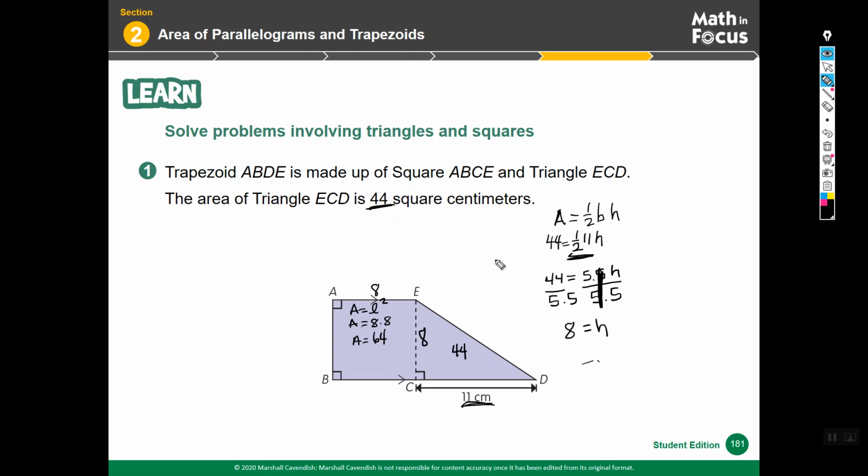So instead of going back and using the trapezoid formula here, as you can see, by splitting it up, I can solve it. So I've got 64 plus 44 is equal to 108 centimeters squared. All right, let's move on.